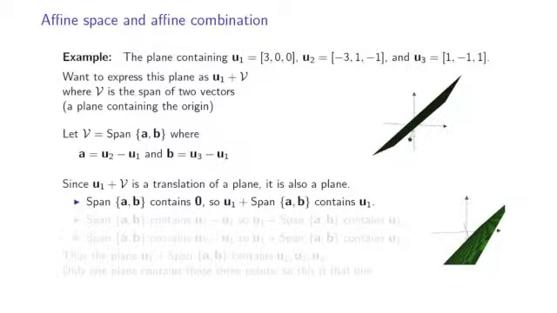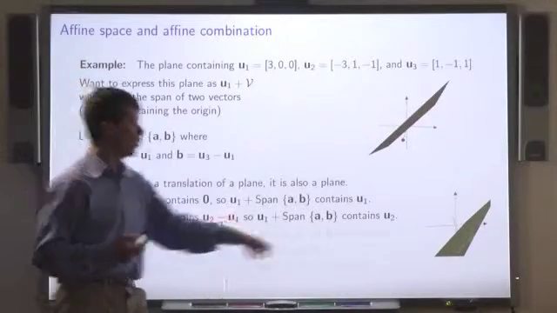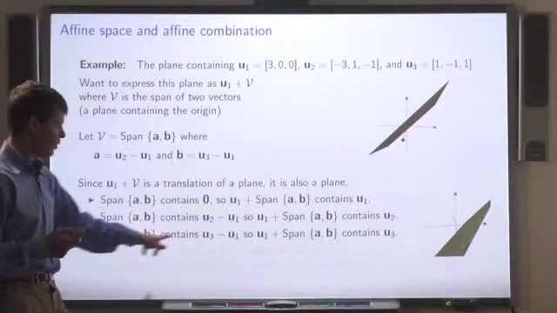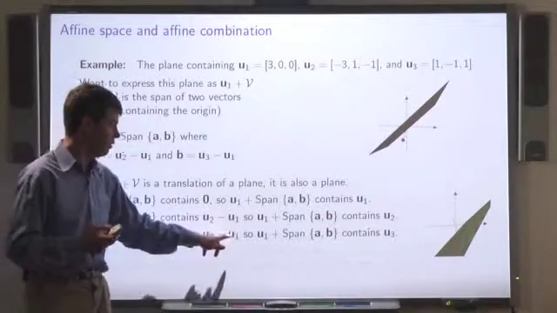Now, span AB contains the 0 vector, so u1 plus span AB contains u1. Span AB contains A, which is u2 minus u1, so u1 plus span AB contains u1 plus u2 minus u1, which is u2. And similarly, span AB contains B, which is u3 minus u1.